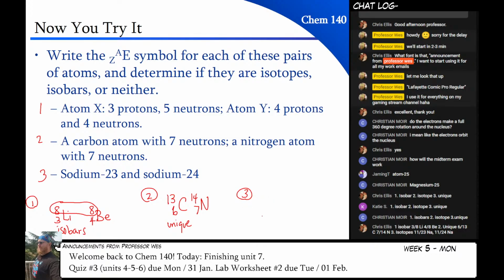And then finally, we got sodium-23 and sodium-24. Those are very obviously isotopes of sodium, because they are the same element, but they have a different mass. All right, cool.